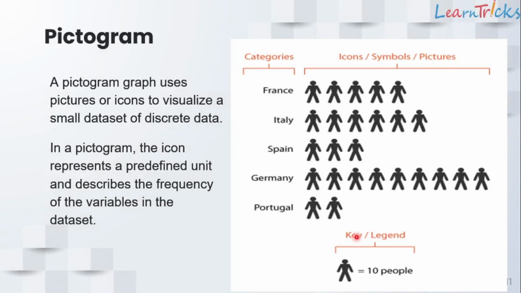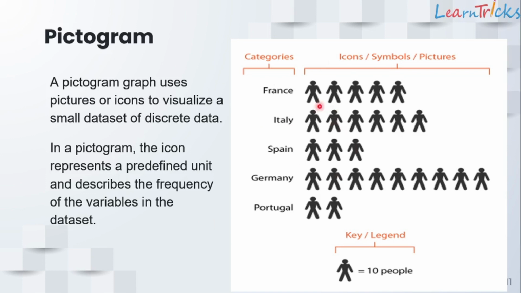Now the next type of chart is a pictogram. A pictogram graph uses pictures or icons to visualize a small data set of discrete data, and in a pictogram the icon represents a predefined unit and describes the frequency of the variables in that data set, right?